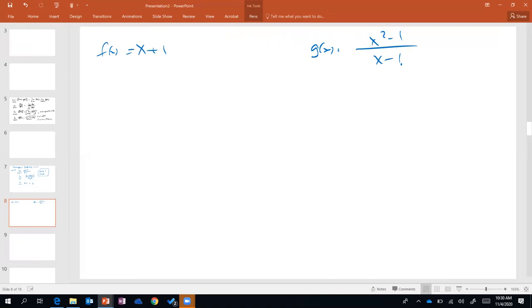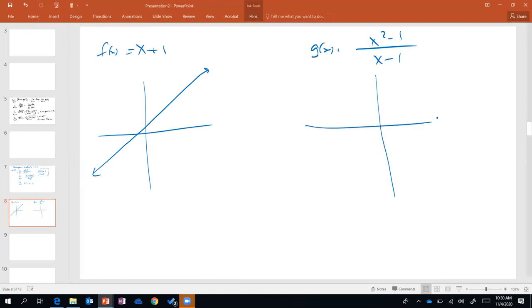What is the only number I can't plug into g that I can plug into f? 1. Okay, so this function on a calculator looks exactly the same, and it is, except when you get to 1. At 1, oh, we have that little dot. Are we good? That's the dot that we just got rid of.